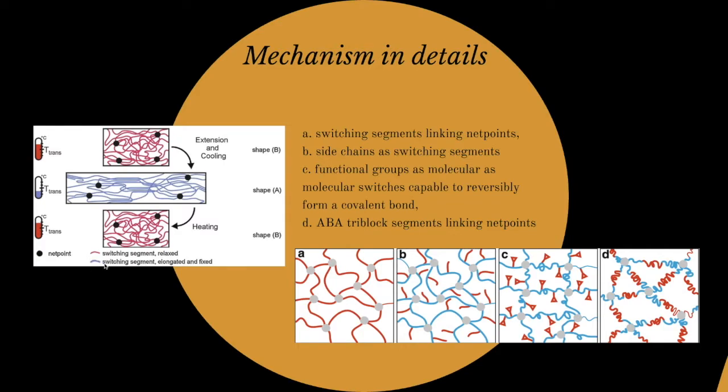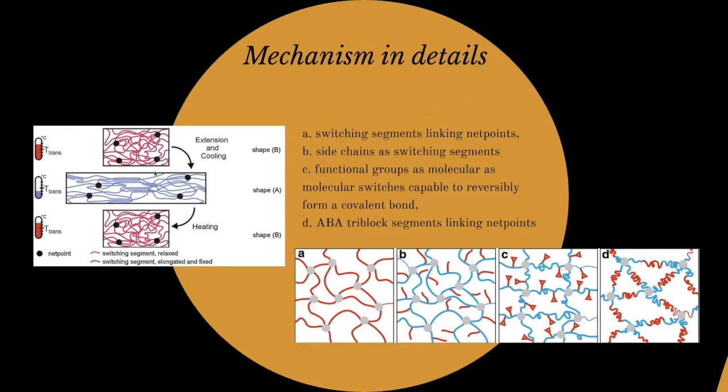And then the blue one is also the switching segment. It's elongated and fixed here. So the red one is for the relaxed. So the blue one is the elongated and fixed.